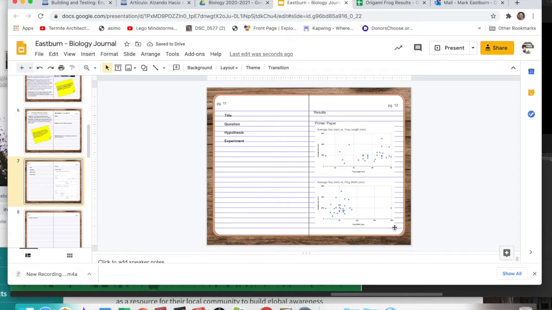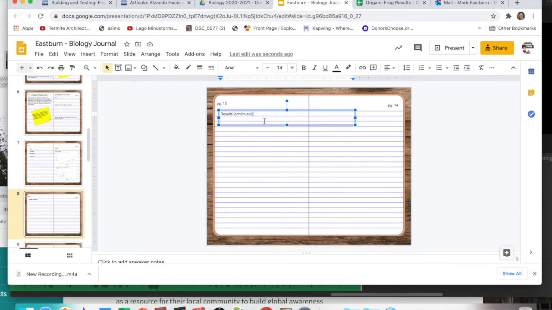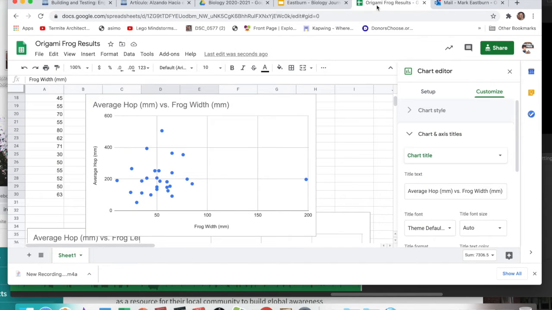Now I want to go to the next page in order to put my lined paper, because I want to make sure that the graph looks good. I want to make it look nice. So now I go to my graph. This says results continued, and then I would put lined paper so that we can keep track of which kind of paper each graph would show.